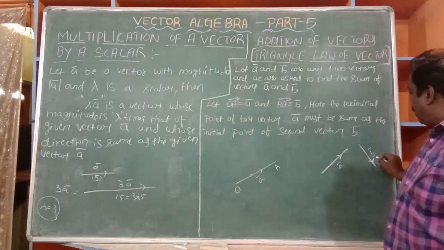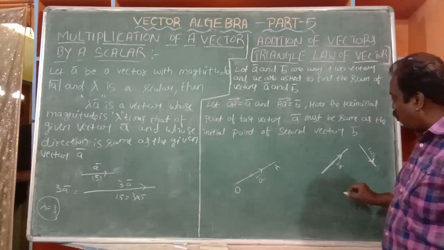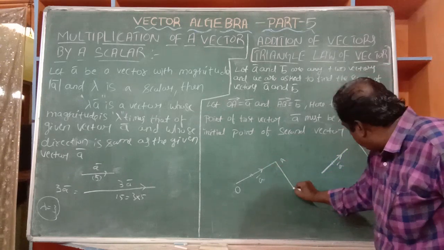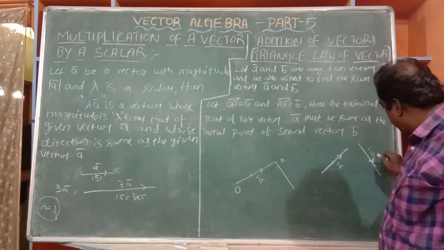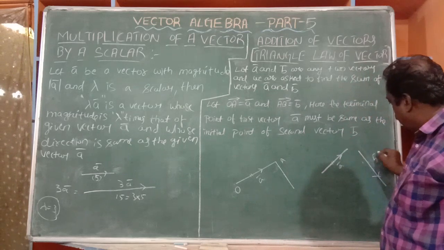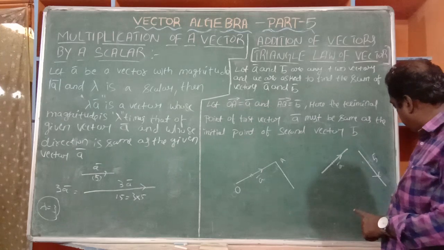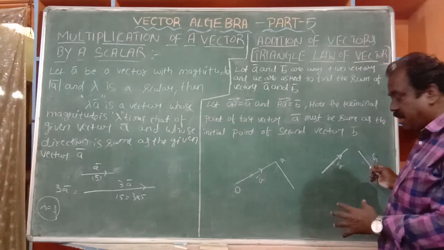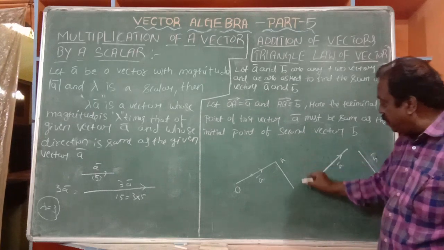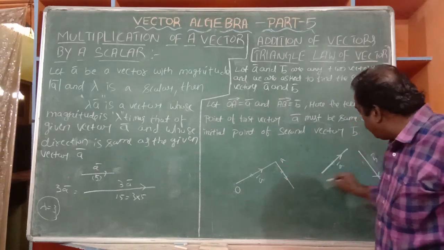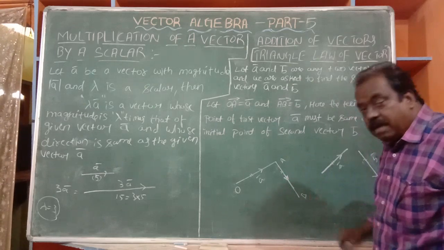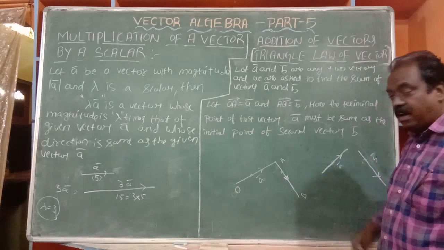Now for this vector B bar also, I take one here. They are actually at different places, but for convenience I am taking a vector equal to that one here. Now it is parallel to this one, and I am naming it AB bar.